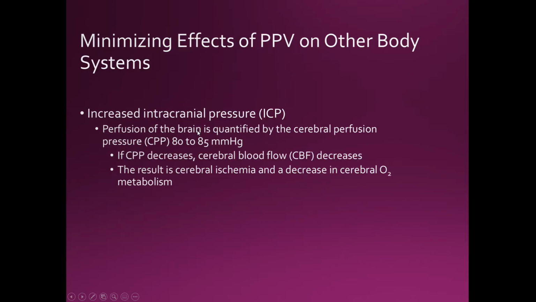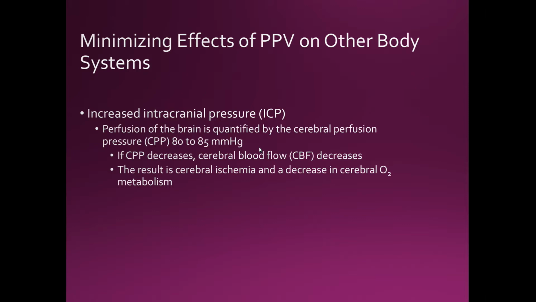With increased intracranial pressure, we want to be careful with those types of patients on mechanical ventilation. We want to make sure that the perfusion of the brain is quantified by the cerebral perfusion pressure. What's normal about that is 80 to 85. I have not seen a cerebral perfusion pressure being calculated on the vent. We just want to make sure that there is no effects on vitals based on intracranial pressure.